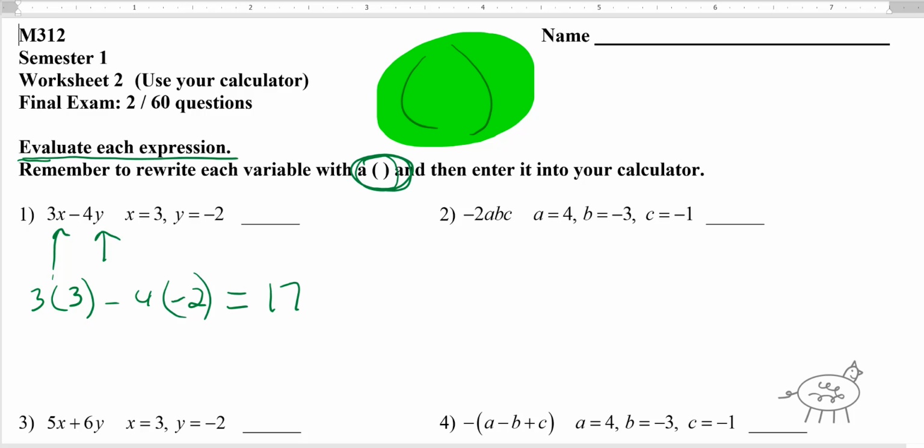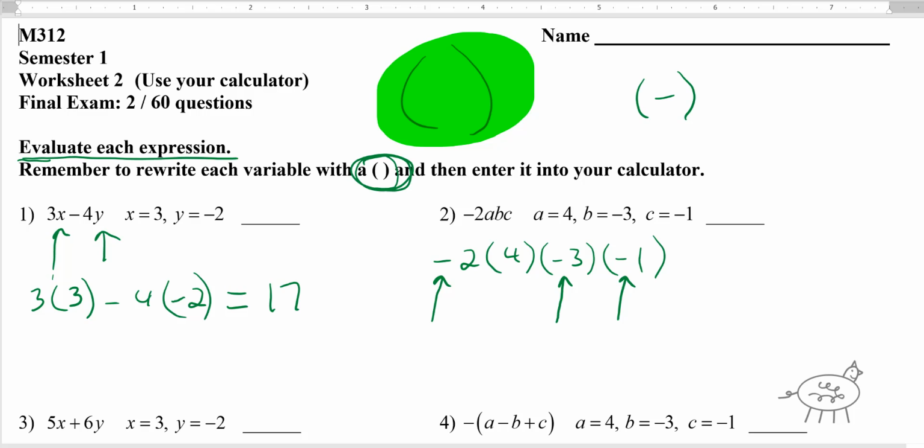Like this one. It's negative 2, and I'm going to put one for A, one for B, and one for C. I'm going to put a 4 here, a negative 3 here, and a negative 1 there. Make sure that for all of these you use the negative sign on your calculator.